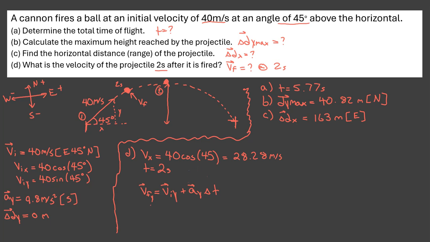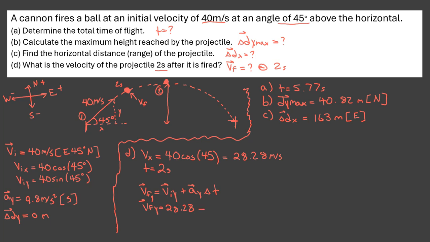And when I plug in all my values, I'm going to get my final velocity in the y is equal to, also the same thing as here, 40 sine 45, which also gives me 28.28, and again that's because 45 degrees is a special angle.